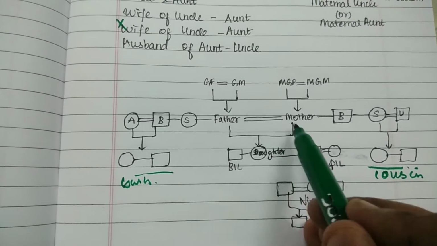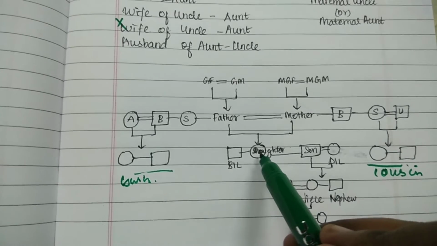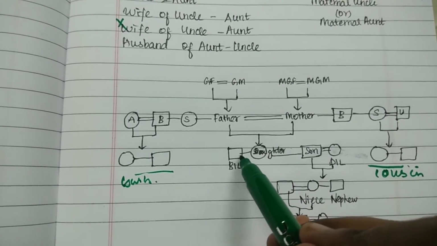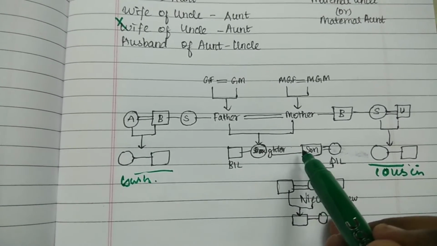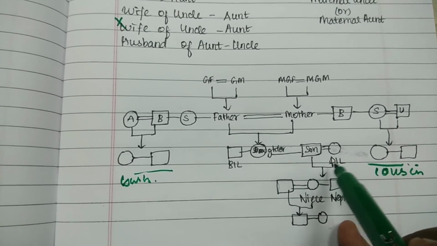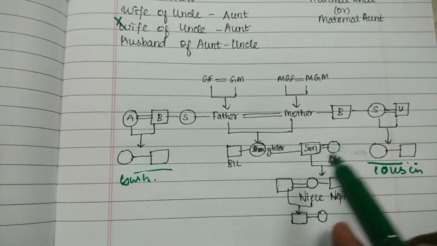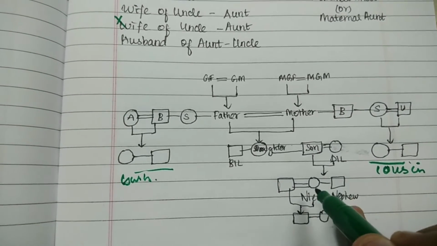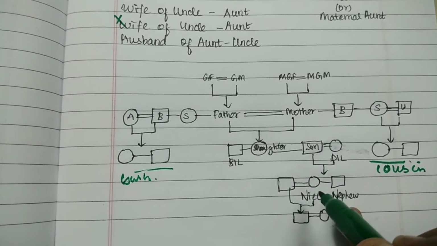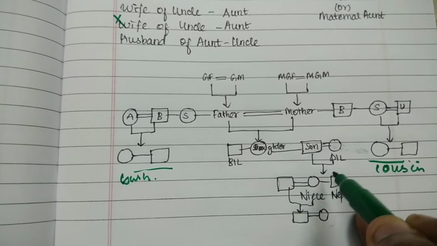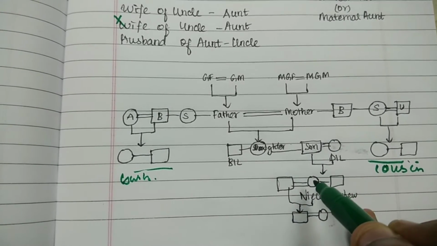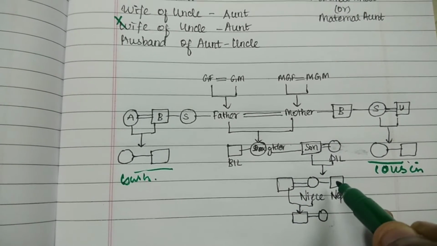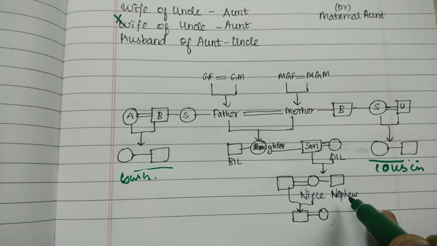So the new person coming into our family, when I am marrying, is a brother-in-law, and when my brother is marrying, she will be a daughter-in-law to our family. Now my brother has some kids. I will call them niece and nephew. If it is a girl, I will call her niece. If it is a boy, I will call him nephew.